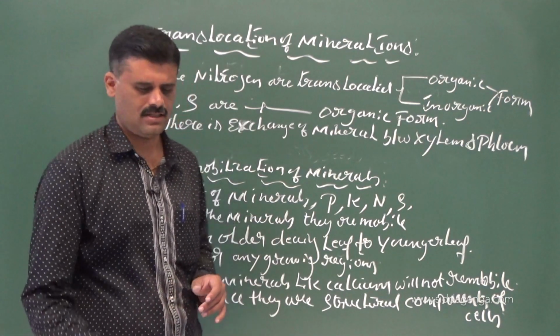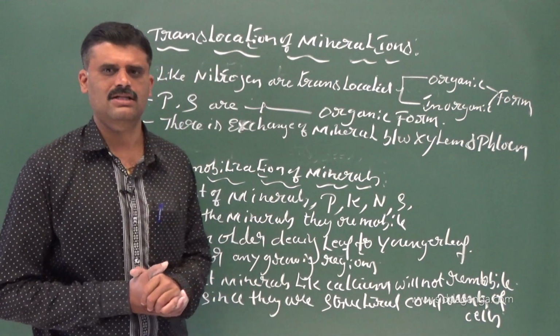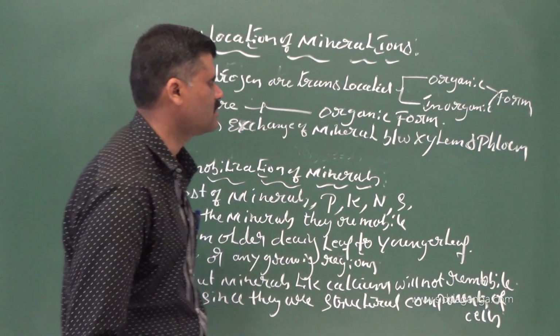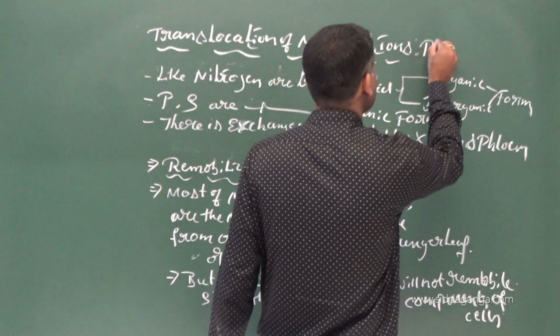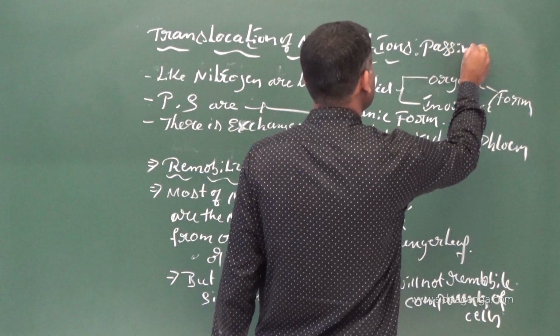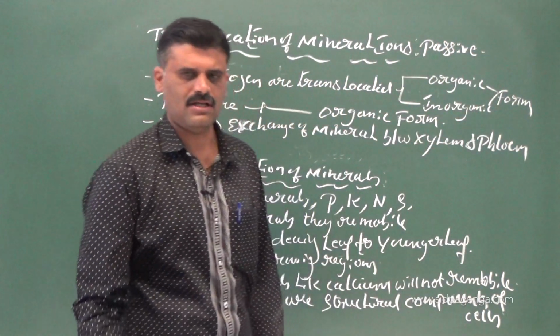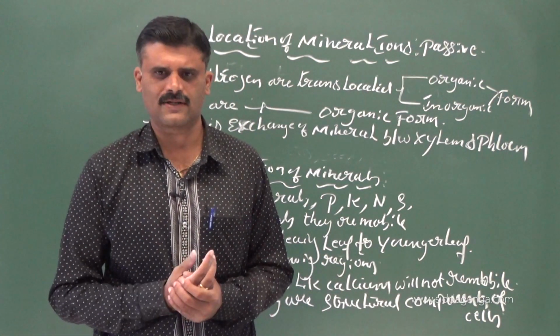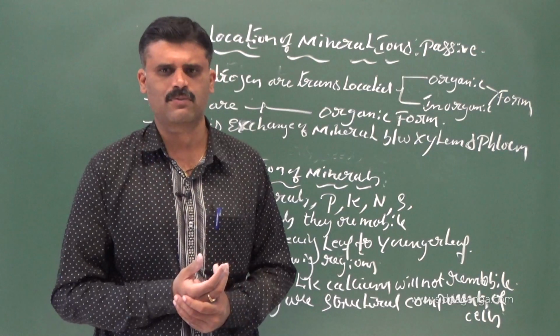So this is the translocation of minerals. Translocation of mineral ions is a passive process. Absorption or uptake occurs by both passive and active process or their mixture, but translocation is a passive process.